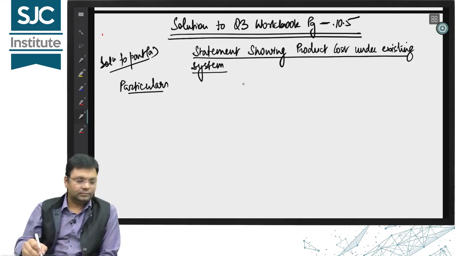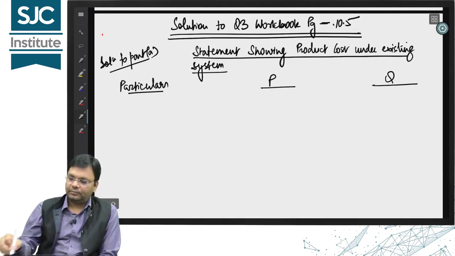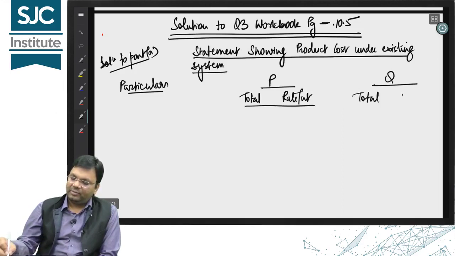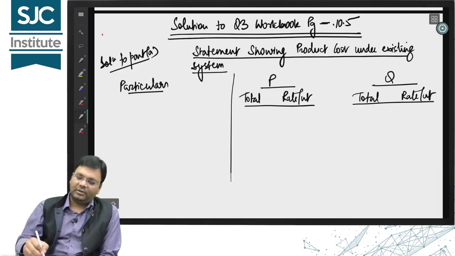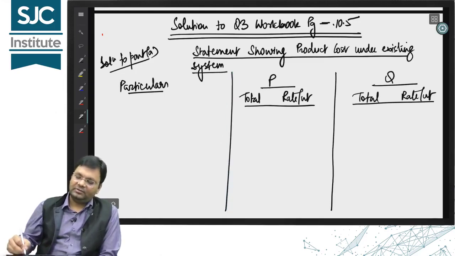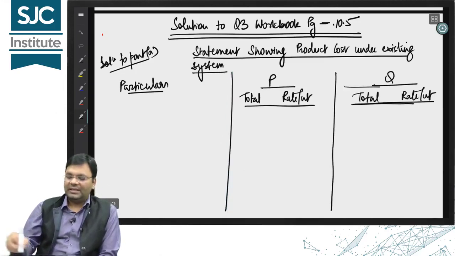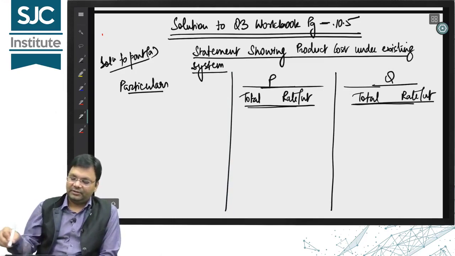Particulars, product P, product Q. Let us have two columns, total and rate per unit. Usually any cost statement should have both total and rate per unit, but many times you may have just the rate per unit column, or as per question requirement just the total column. I prefer both. It simplifies our calculation usually.